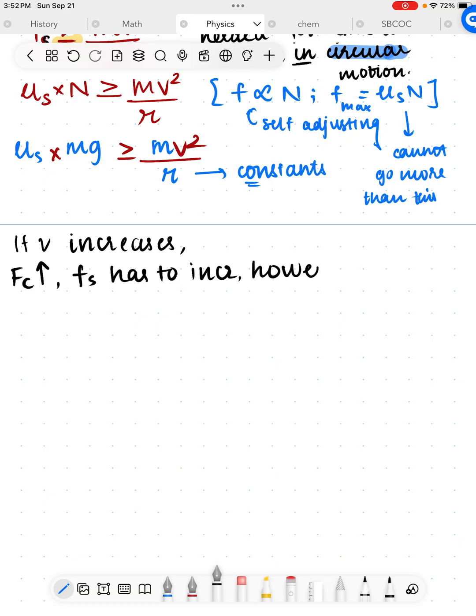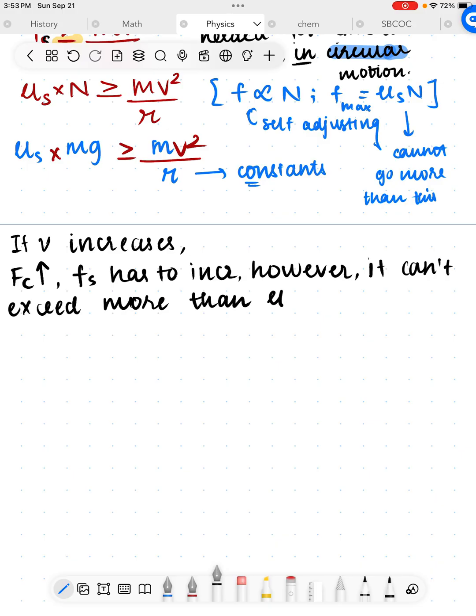However, it can't exceed more than how much?